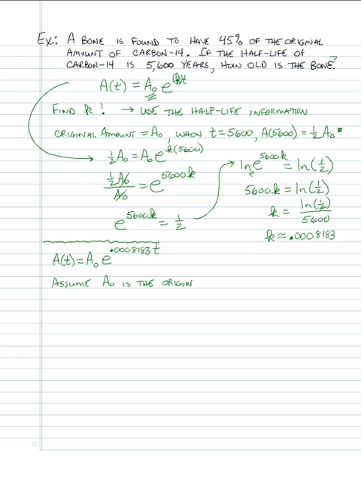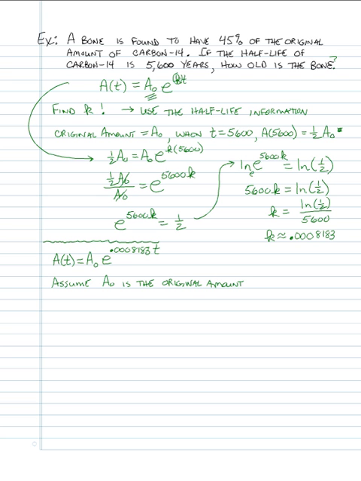Now, read the problem again. Okay, we don't know that original amount, but what it says is today, the amount we have now is 45% of the original amount. And so we want to know the time that it took to go from a sub 0 amount to 45% of that.